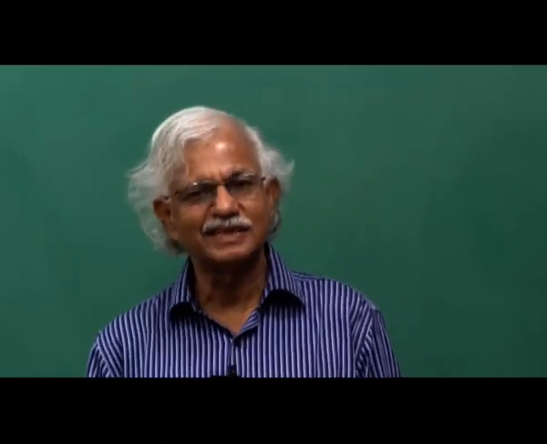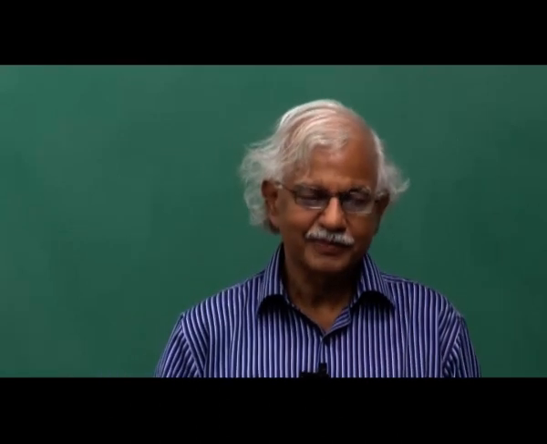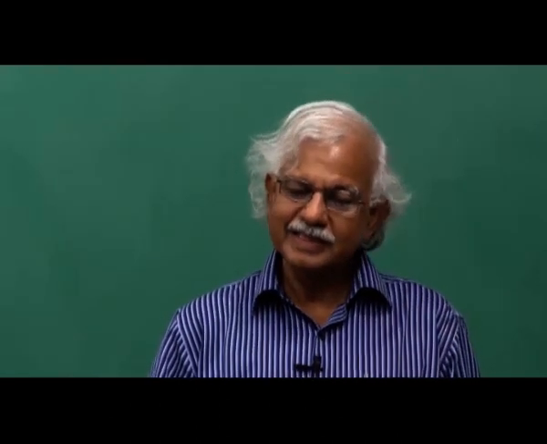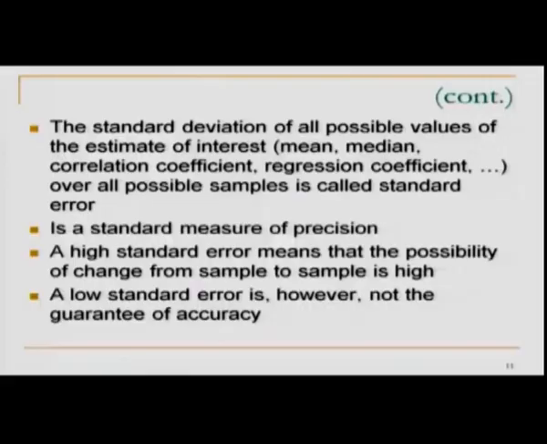That is why their standard deviation is high. It is the standard deviation of all possible values of the estimate of interest. The estimate of interest may be mean, median, mode, geometric mean, harmonic mean, correlation coefficient, regression coefficient, anything you calculate from sample data, and it will have a standard deviation of all possible values, or standard error.